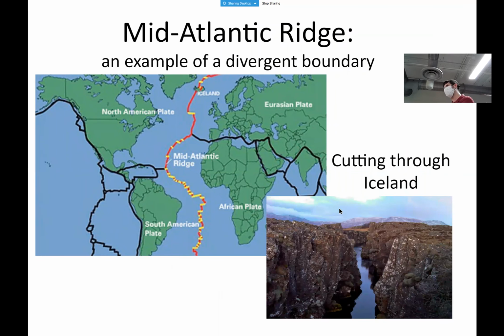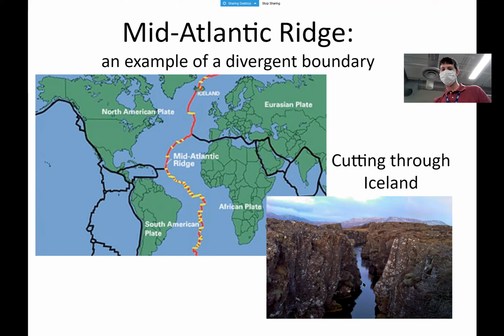The most popular example of a divergent boundary is called the Mid-Atlantic Ridge. So in the middle of the Atlantic Ocean, you have the North American plate and South American plate on one side, African plate and Eurasian plate on the other side, and these plates are all moving away from each other. And it's creating this huge ridge called the Mid-Atlantic Ridge. If you look at the top of this map up here, it actually cuts through Iceland.